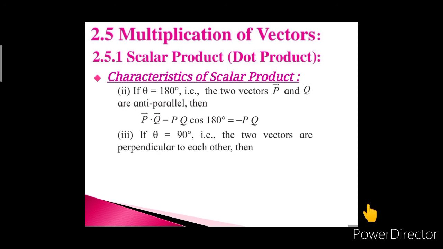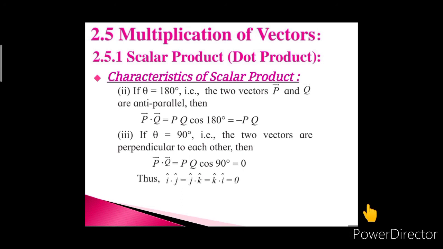And if the angle between the two vectors is 90 degrees, that means when the two vectors are perpendicular to each other, then the scalar product of the two vectors is 0. That is, vector P dot vector Q is 0 as cos 90 degrees is 0.